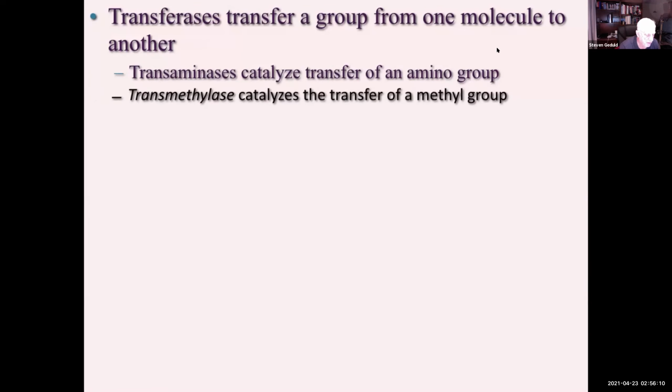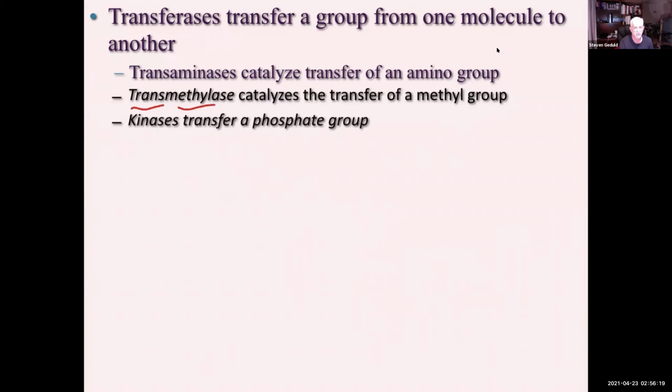Transferases transfer a group from one molecule to another. Okay, a methyl group could be transferred from one molecule to another molecule. Transaminases catalyze the transfer of amino groups. Okay, transmethylases catalyze the transfer of a methyl group. It's right in the name, transmethylase.